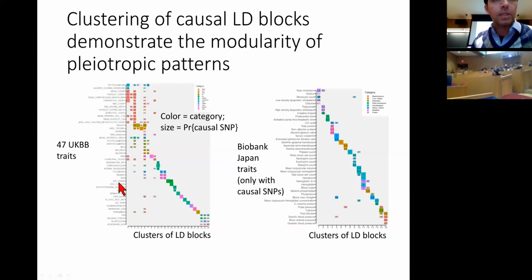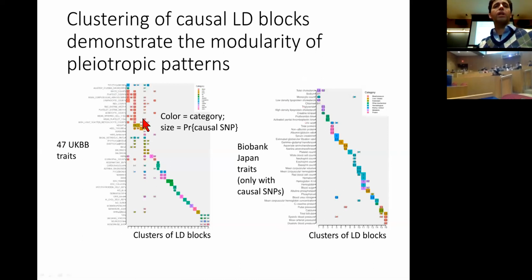Basically, if you look at these clusters of LD blocks, there are say 25 clusters here, and different blocks are associated with different combinations of phenotypes. For example, block number 3 here is associated with all of these blood phenotypes. So white blood cell count, platelet count, lymphocyte count, red blood cell count, and so on and so forth. And then all of them appear to be enriched in blood enhancers, which is kind of cool.